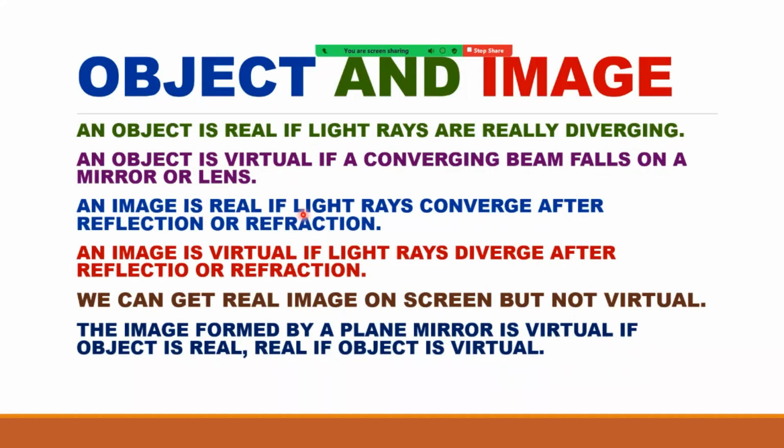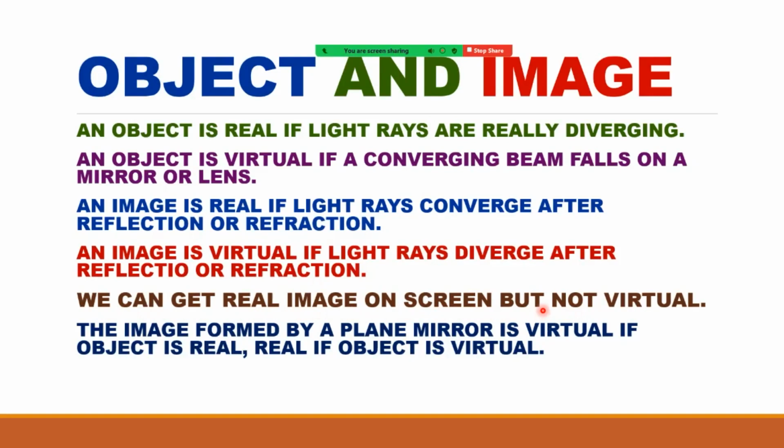An image is real if light rays converge after reflection or refraction. Okay. An image is virtual if light rays diverge after reflection or refraction. And one important point here, we can get a real image on screen, but not virtual. Means we can catch a real image on a screen, but we cannot get a virtual image on screen.